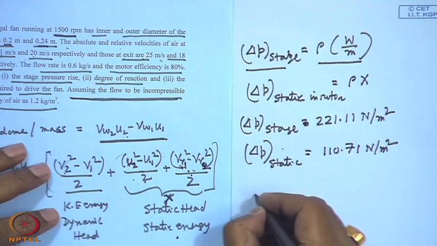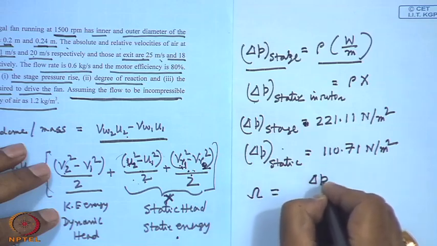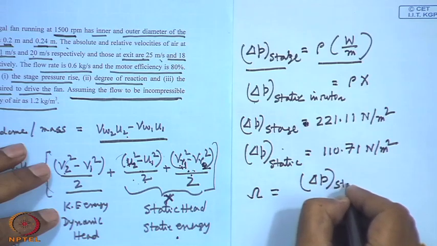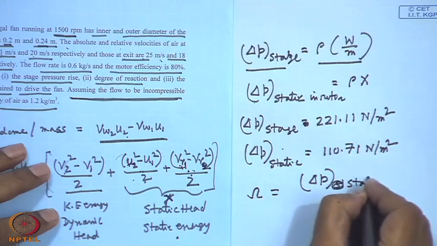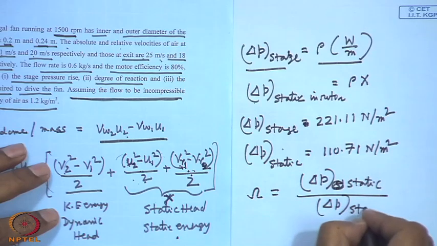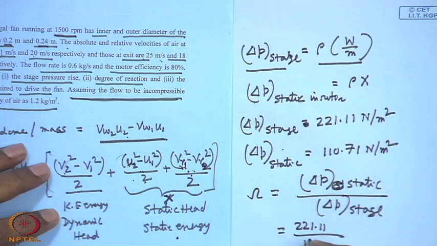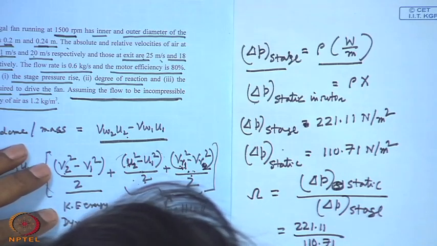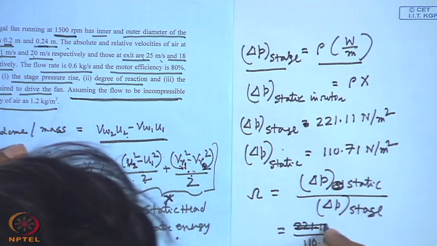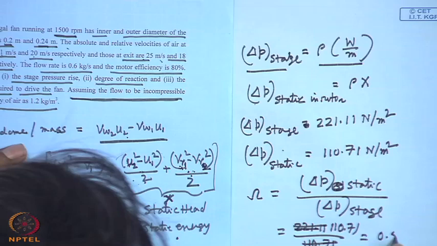So, therefore, the degree of reaction in this case we define as delta P static by delta P stage. This already I did earlier. Now, 110.71 by 221.11, this will be roughly 0.5.